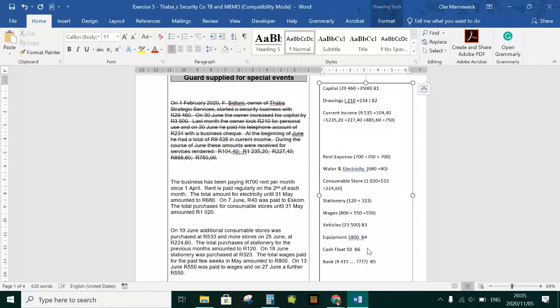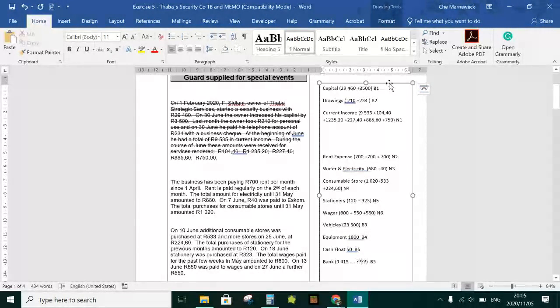Cash float would be B6. Then we move on to the nominal section, so current income, N1. Anything else left over is an expense. So we've got rent expense, water and electricity, consumable stores, stationery, wages.